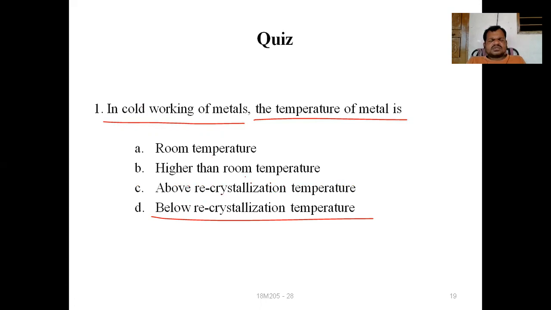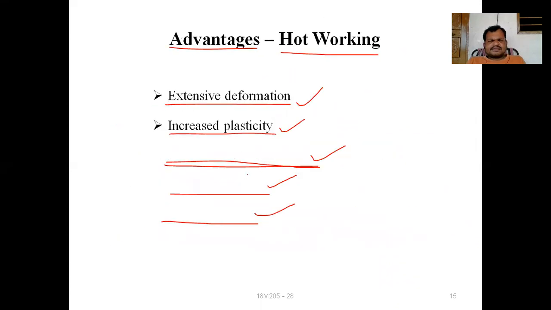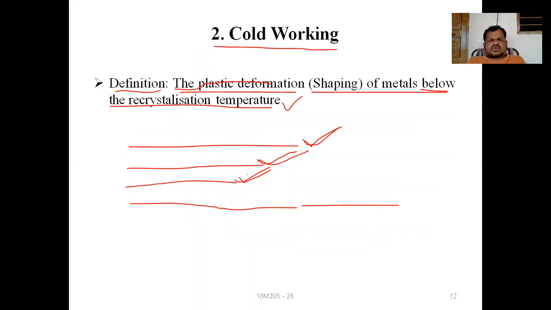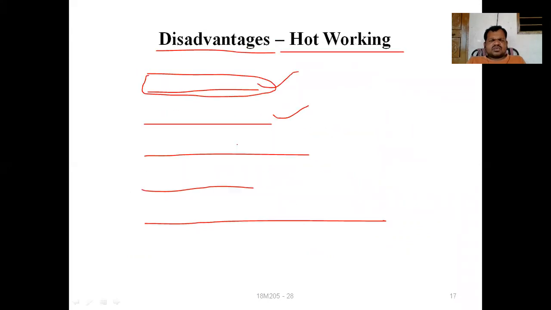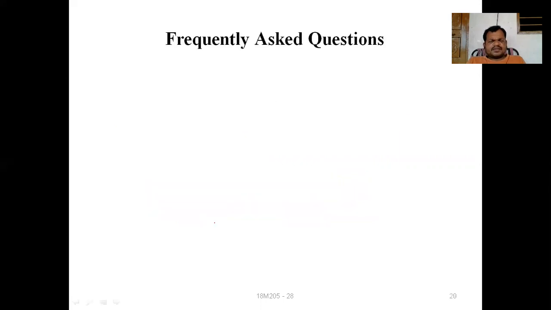The answer given here is wrong; the answer is below the recrystallization temperature in the cold working process.